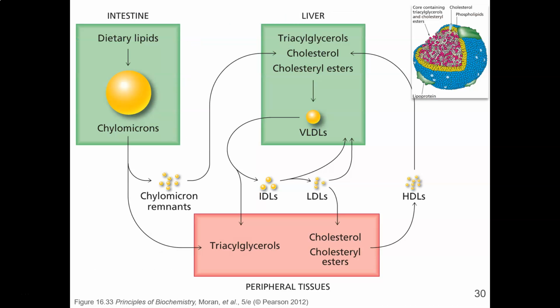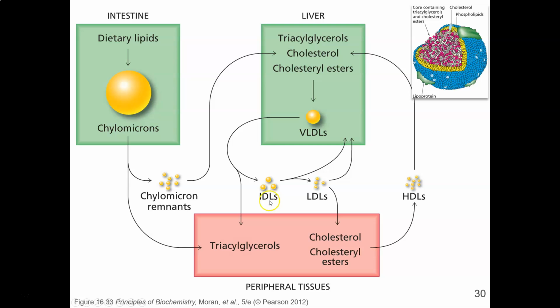So here's another diagram of what that looks like. Here we're going to focus on the liver. In the liver, in the fed state, fatty acids are synthesized to form triacylglycerols, and those are packaged into the VLDLs. Those leave the liver and circulate through the bloodstream, and they're taken up by the peripheral tissues that need them.